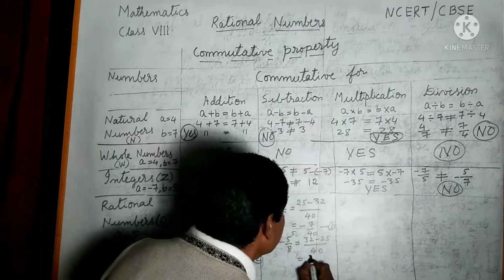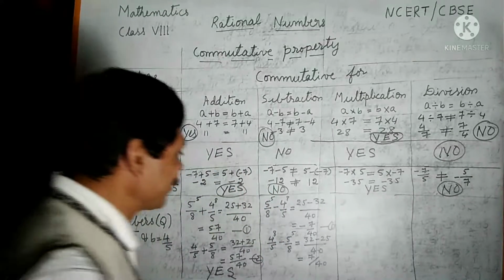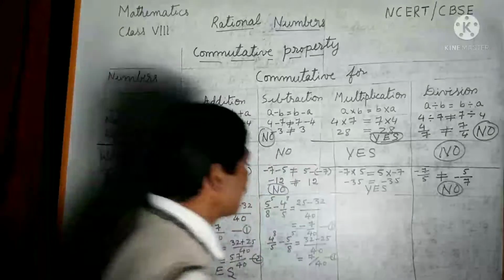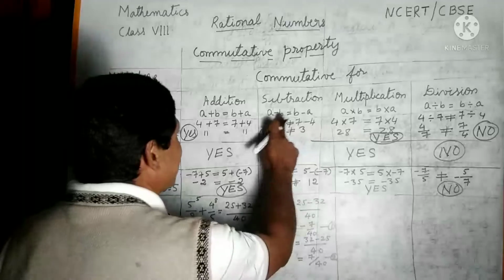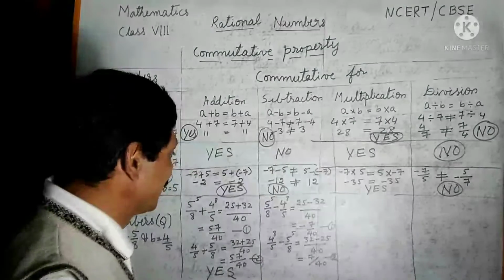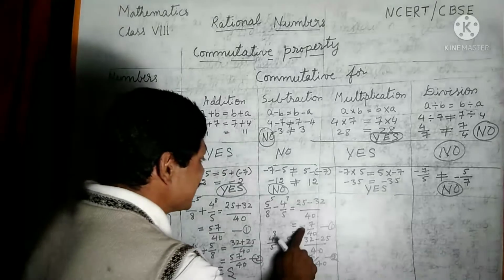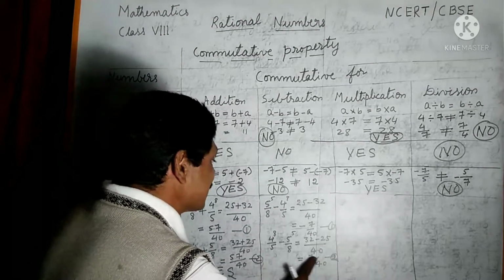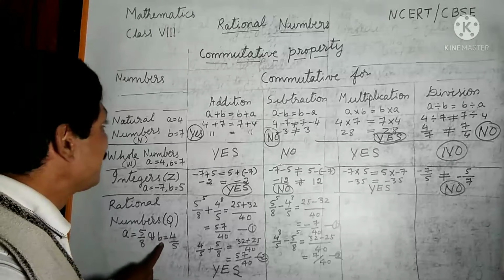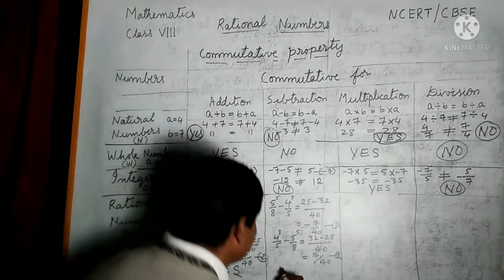This is equal to 7 by 40. Therefore, let us compare 1 and 2, that means a minus b and b minus a. A minus b is not equal to b minus a, because this is minus 7 by 40 and b minus a is 7 by 40. For rational numbers a and b, subtraction is not commutative. Let us write no.